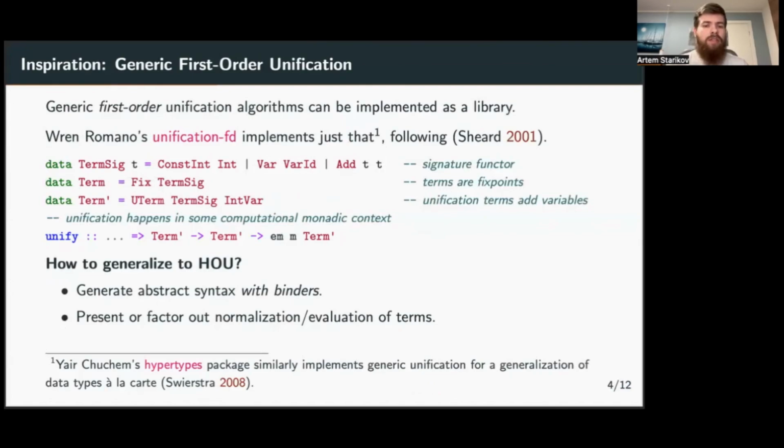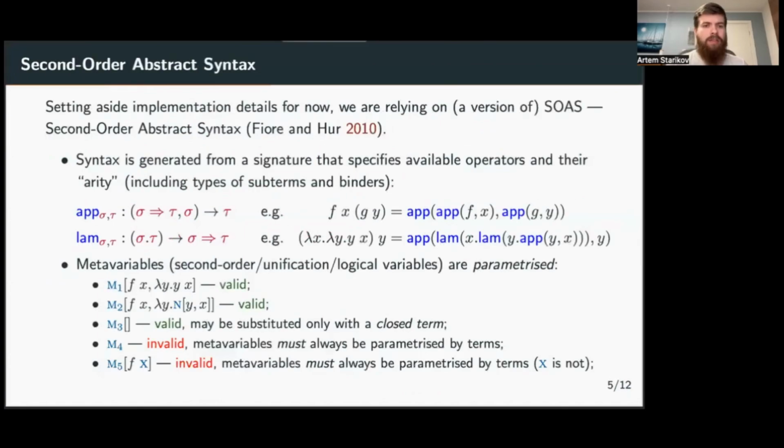Now, we would like to generalize this approach to higher-order unification. To do that, we need to figure out how to freely generate syntax with binders, and also how to account for semantic equivalence of terms. Setting aside implementation details for a moment, we rely on second-order abstract syntax. Just like generic unification terms, second-order abstract syntax is generated freely from a signature.